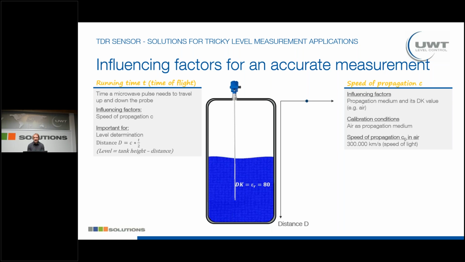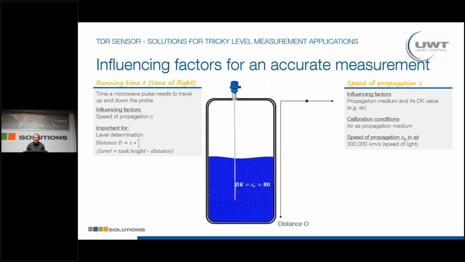Speed of propagation, important factor, normally speed of light, and these are also the calibration conditions. So we calibrate those sensors in air, the ambient medium of air, and this is the default value for the speed of propagation, the speed of light. And this speed of propagation is influenced by the medium and its decay value, or where the microwave travels through.